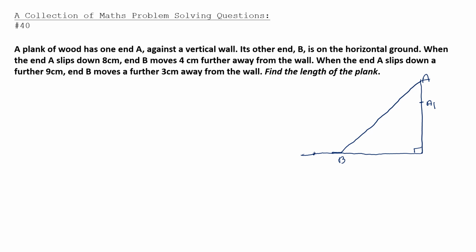So it's moving to, say, the point B1, and the first one slips down 8 cm, so this is 8 cm, and B moves a further 4 cm, so this is 4 cm. And when A slips down a further 9 cm, we can draw this.